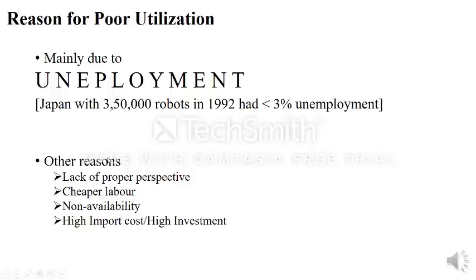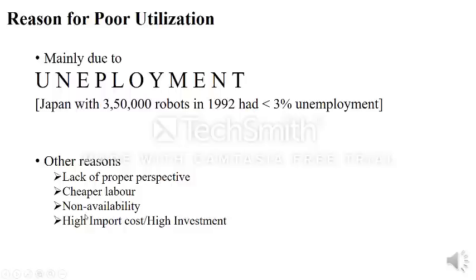What are the other reasons? Lack of proper perspective. We have not given proper guidance for the industries to use robots. Cheaper labor. In India we have cheaper labor, so we are not using it.